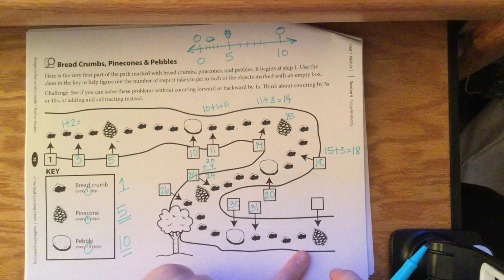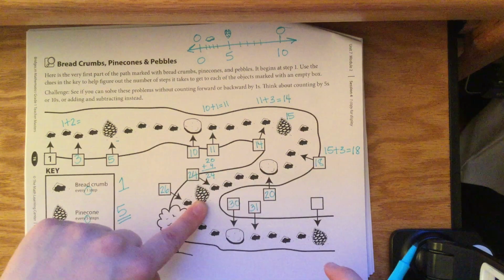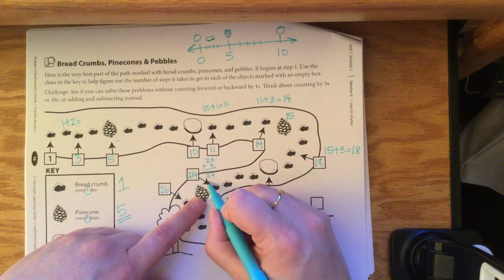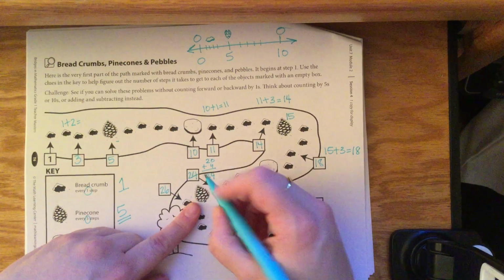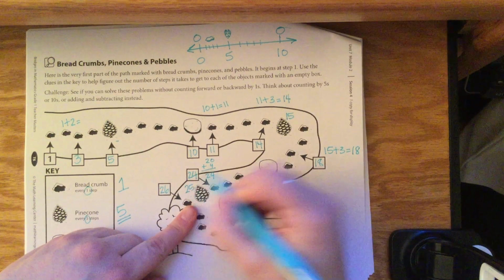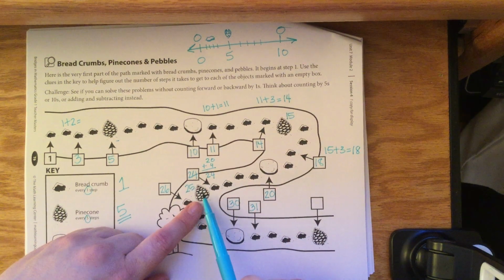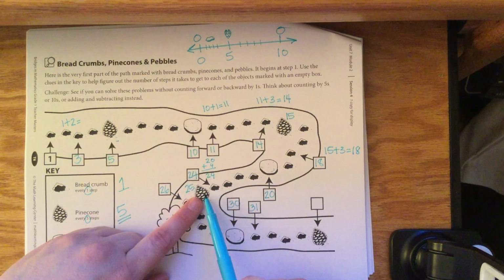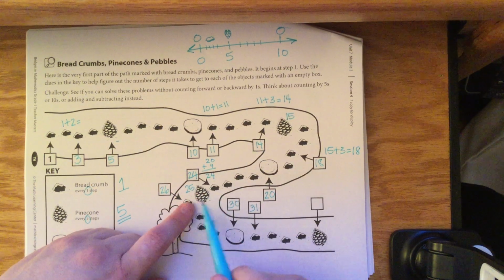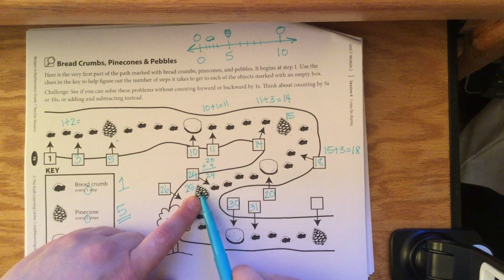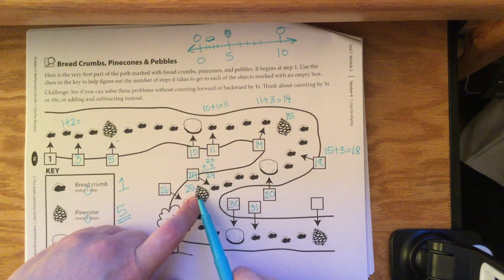Okay, so let's go back to this pine cone. This breadcrumb was step 24. So 24 plus 1 more means this pine cone has to be the 25th step.